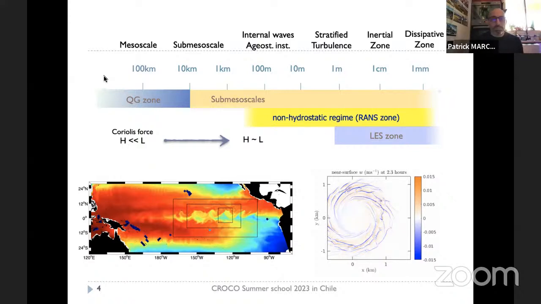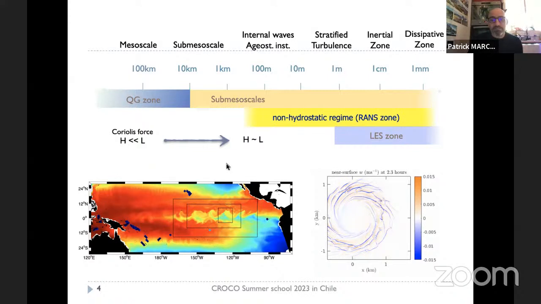But soon we realized that there are a number of scales below with important processes that need to be also modeled in order to get a better picture of what's going on near the coast in particular, but also offshore. And in the last 20 years, we've been studying submesoscales, all the way to resolutions of 1 kilometer. And below is a simulation giving an example of what CROCO has been doing in this kind of scales. So this is something we know how to do very well.